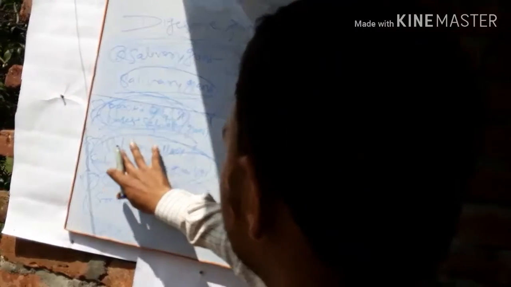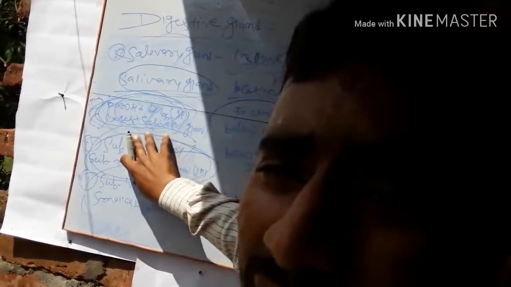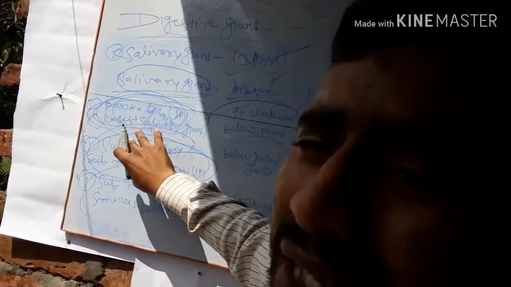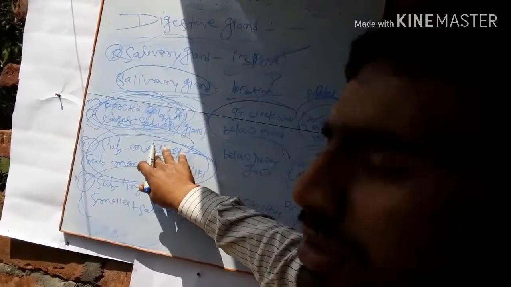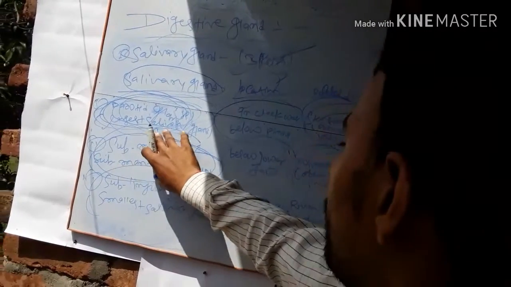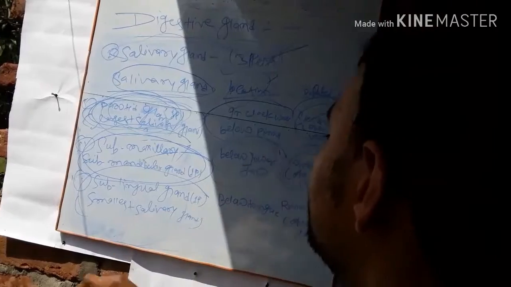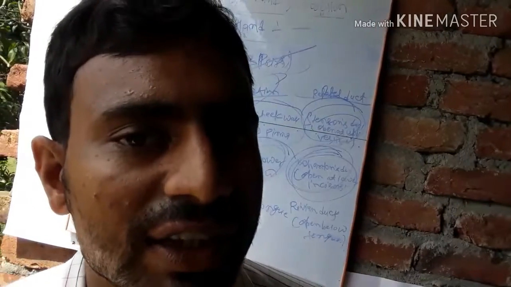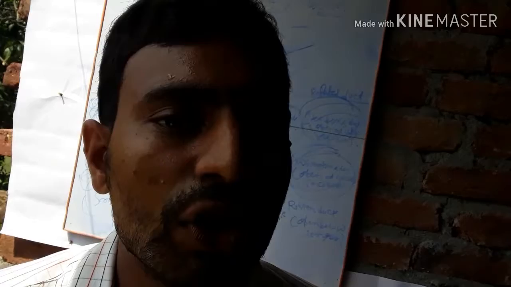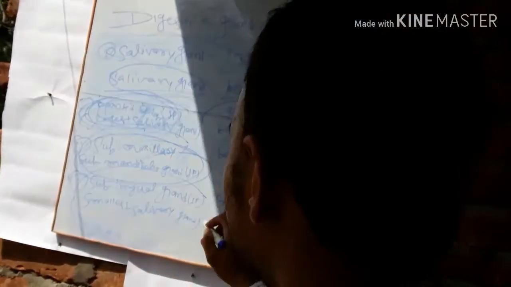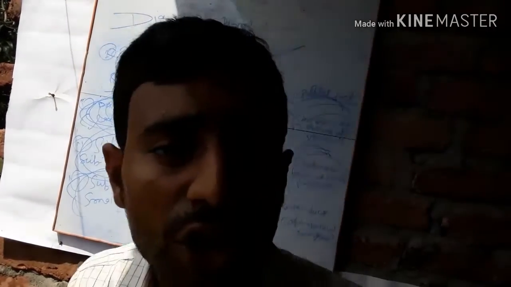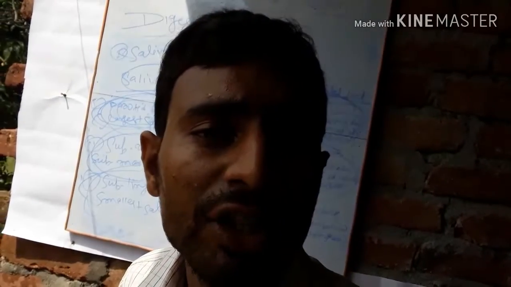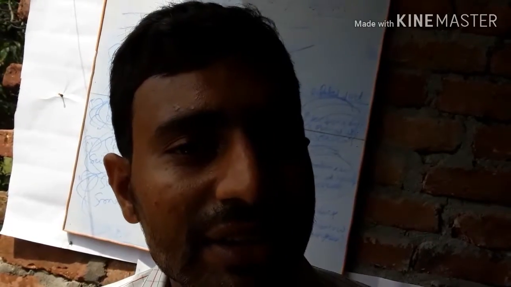The submaxillary or submandibular gland is located below the lower jaw. The related duct is the Wharton's duct, which opens at the lower incisor, and the incisor is a part of the teeth. The third gland is the sublingual gland, that is also one pair, and it is the smallest salivary gland.